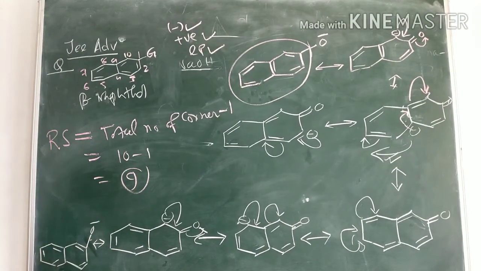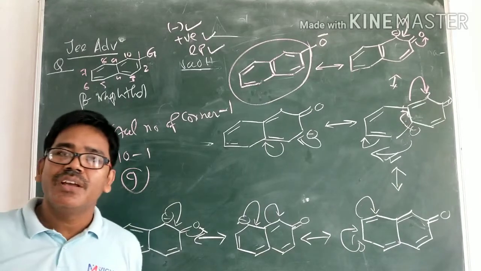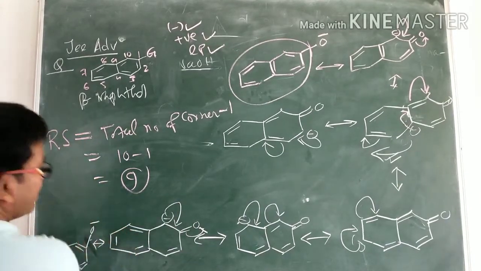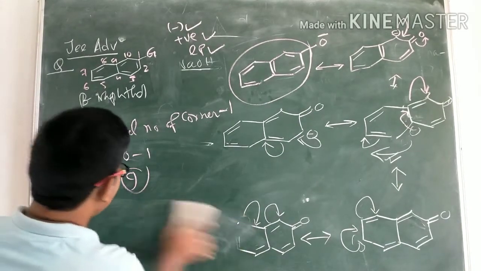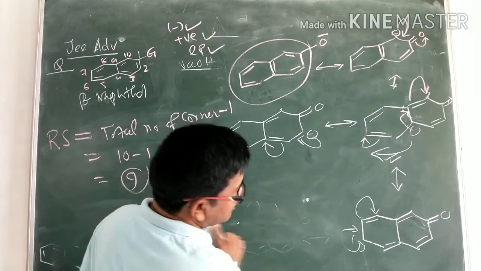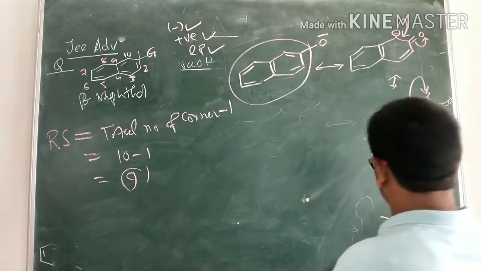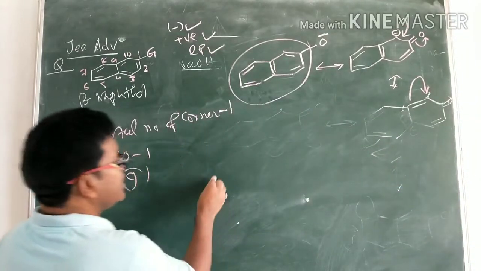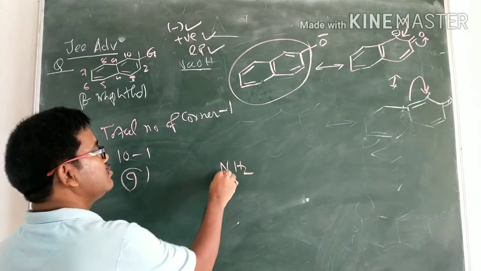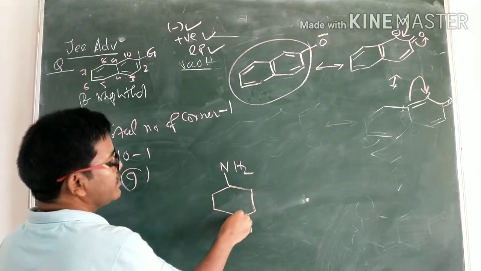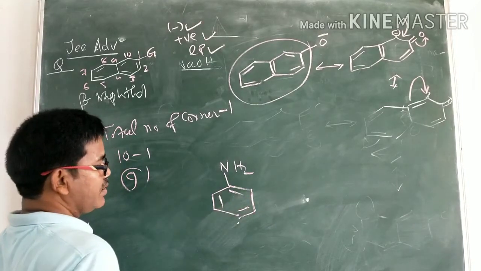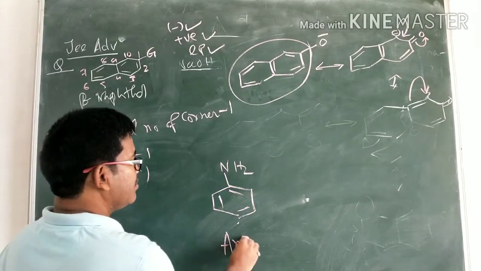This is how we can calculate the resonating structures within a few seconds. I hope you understood, and you can try. I am giving you a problem, you can try that. You will take hardly 10 seconds. For example, if I ask for this molecule, I hope you know the name. This molecule is aniline.